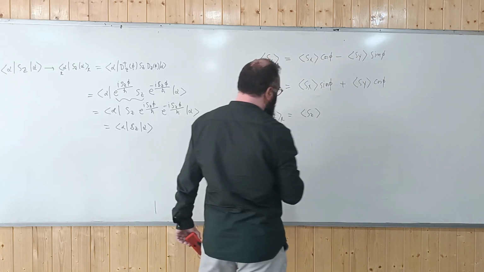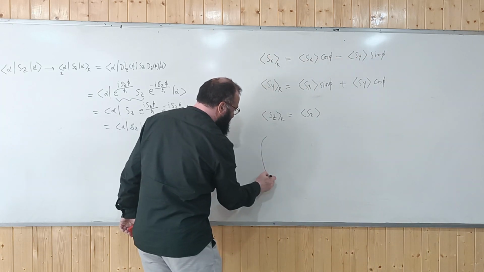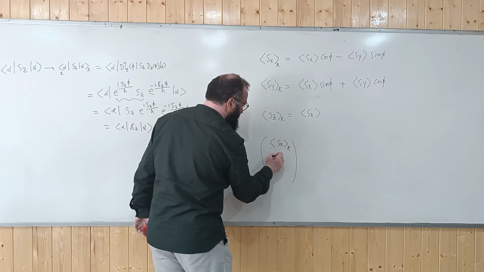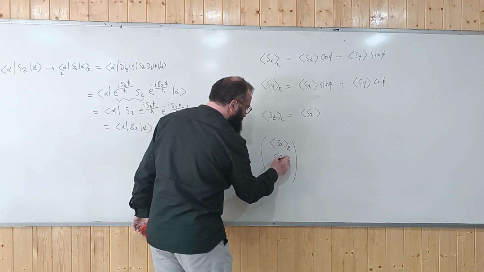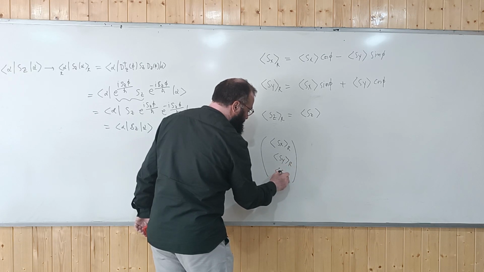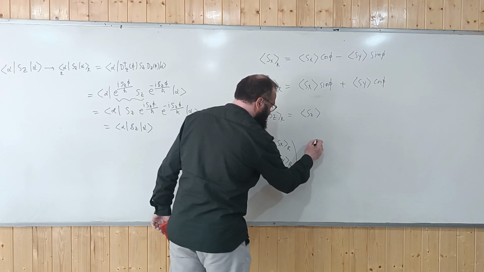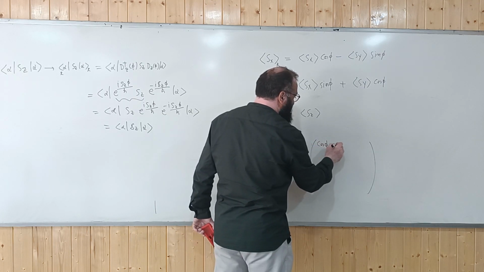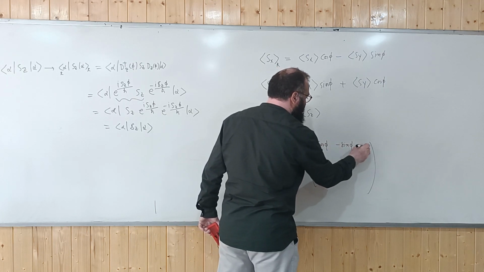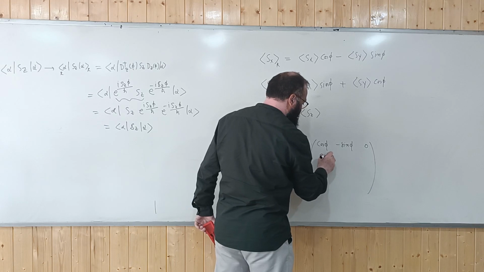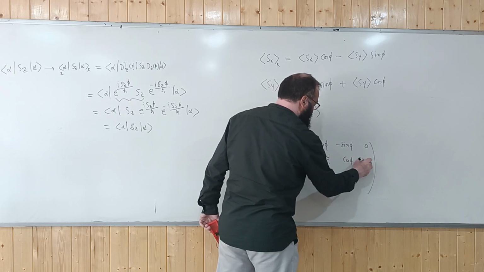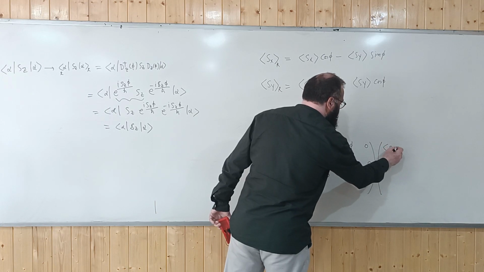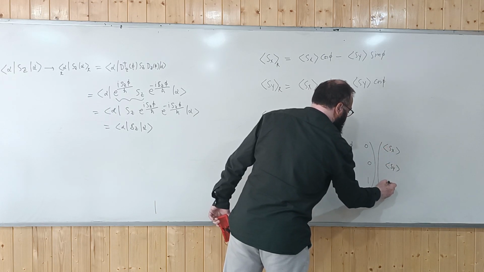So now you can think, look here, of this as a vector. The components of that vector are the average values of these operators. It's like this: the matrix with rows cos φ, −sin φ, 0; sin φ, cos φ, 0; 0, 0, 1, acting on Sx, Sy, and Sz.